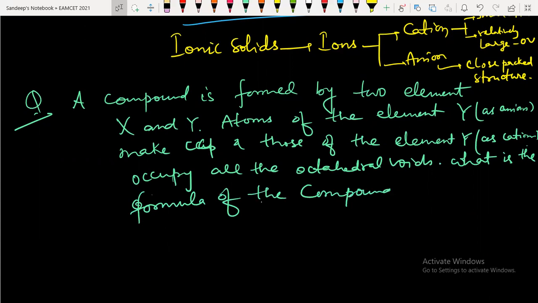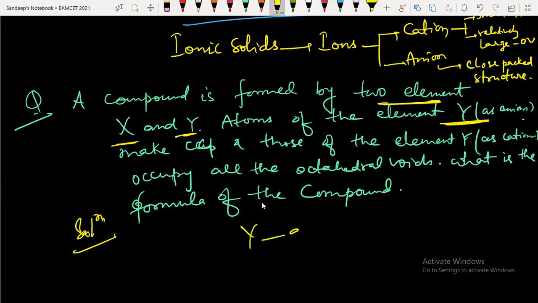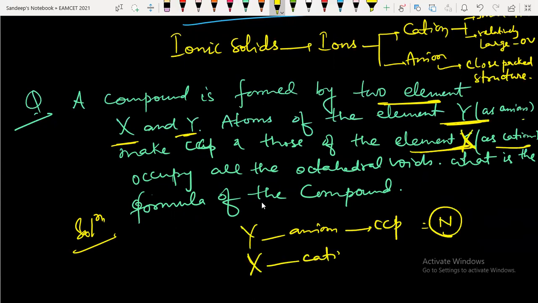Now, see how to solve this type of question. The compound is formed by two elements, X and Y. Atoms of Y are anions, forming the CCP structure. So let this number be n. And those of the element X, the cation is X, not Y. So X is cation, and it occupies all the octahedral voids.